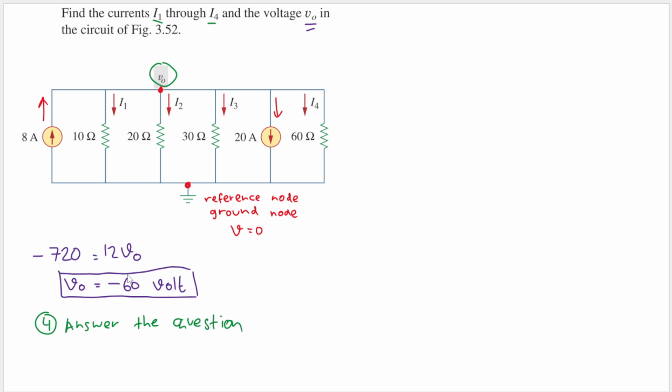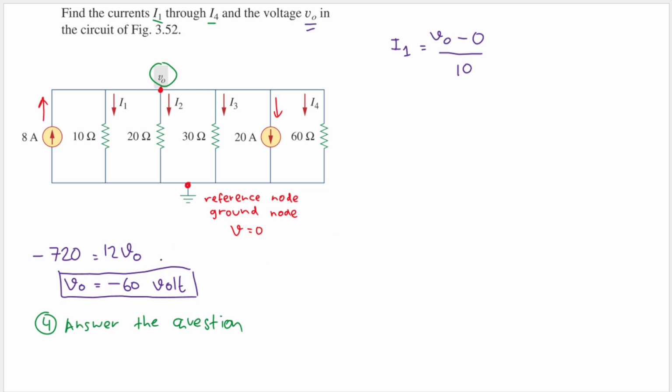We have V0 here, and from it we can calculate I1 through I4. I1 is where the current came from, V0, minus where it goes to, divided by the resistance between them, which is 10.